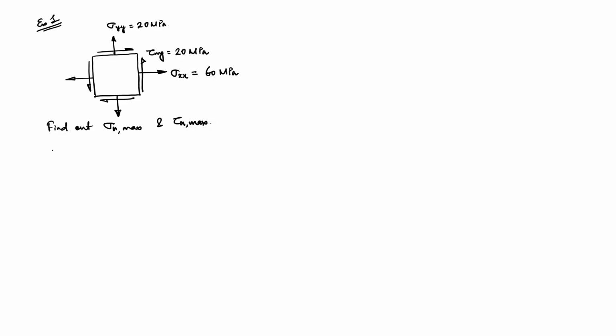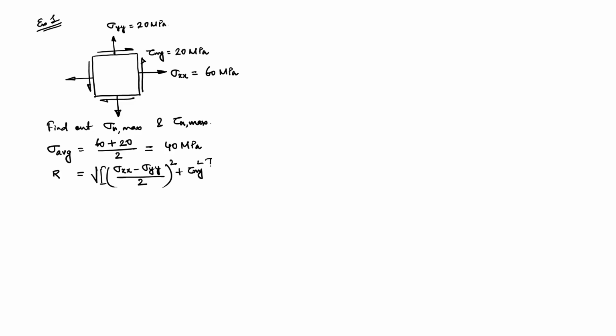Okay. So, what will we do first from this given information? We can easily evaluate sigma average, that is 60 plus 20 divided by 2. So, average of sigma is 40 MPa. And then our next task is to evaluate R. So, this will be square root of sigma xx minus sigma yy by 2 whole square plus tau xy square.